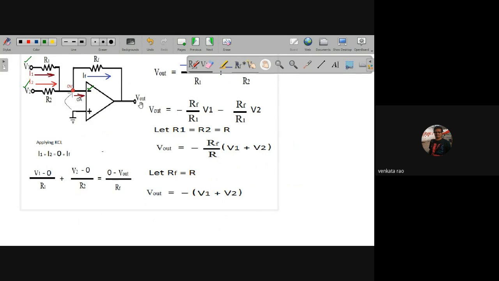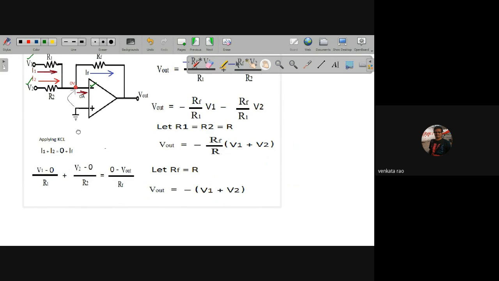According to the superposition theorem, when multiple sources are acting on a circuit, the response at any terminal is the sum of the individual responses caused by each source acting alone. So here we have two sources, V1 and V2. Let us take V1 acting and V2 non-operative. In that case, the output is V01.